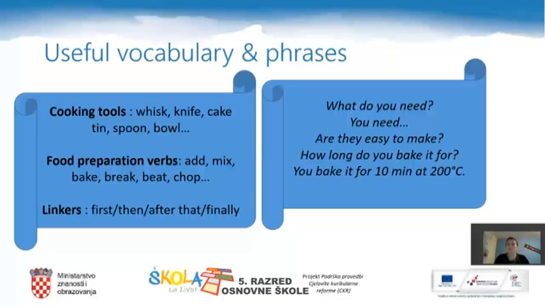You also need to use linkers: first, then, after that, and finally. So we use linkers to show the order in which things happen. And the last thing, phrases we need to use when we give instructions. Like, what do you need? Are they easy to make? How long do you bake it for? And so on.